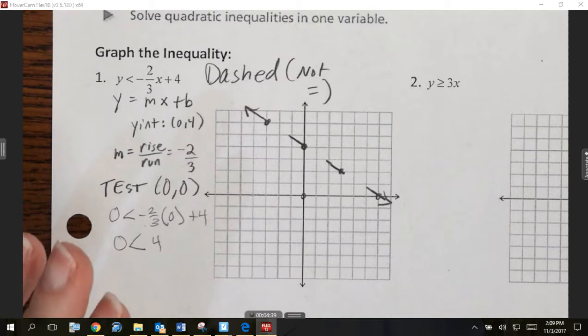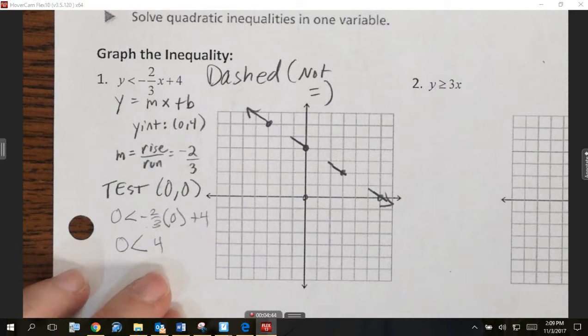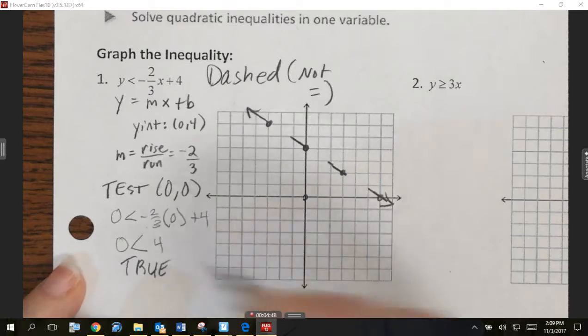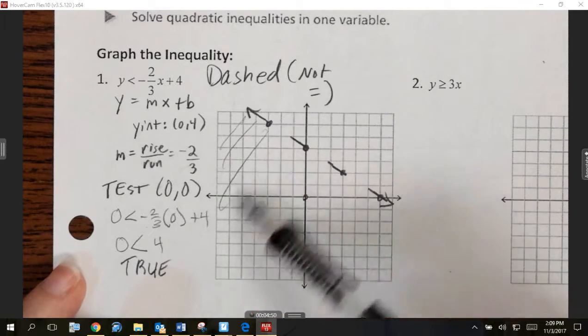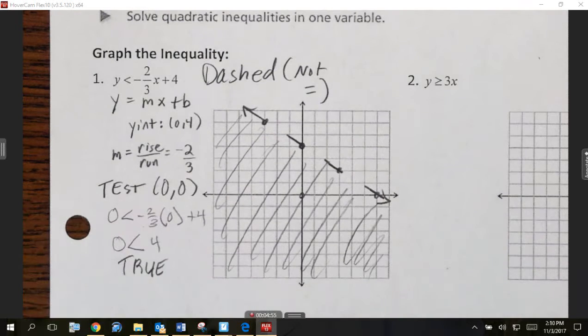Is (0, 0) true in that inequality? 0 is less than 4, so true, it is a solution. So (0, 0) gets shaded. Done.